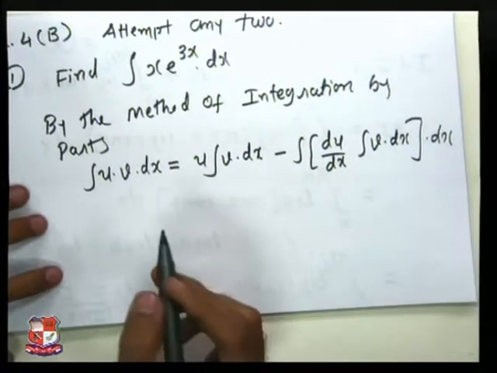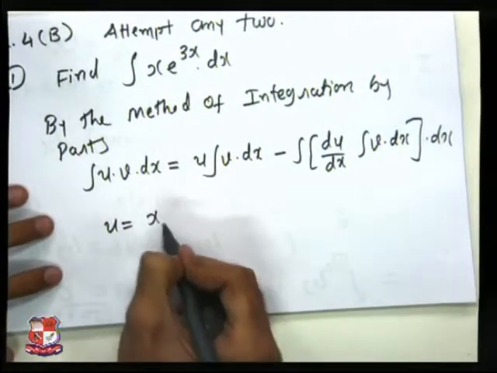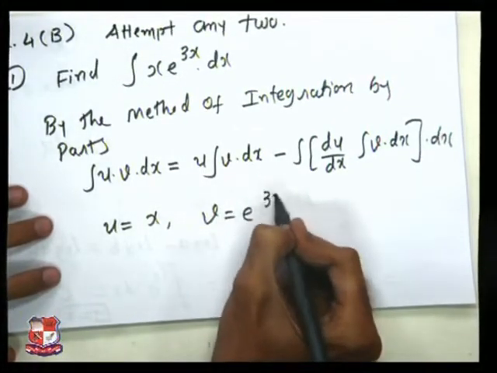Okay, in this case u is equal to x and v is equal to e raised to 3x.